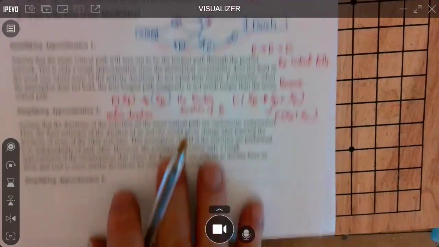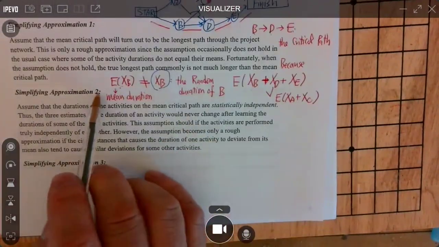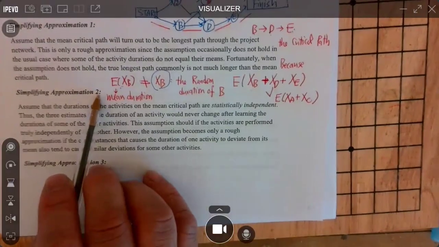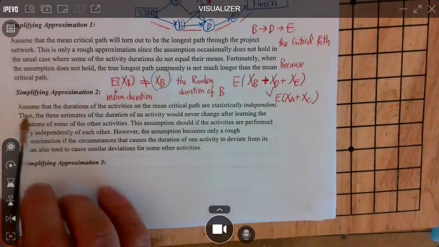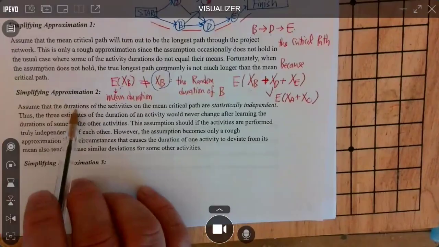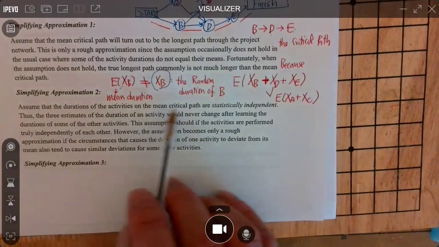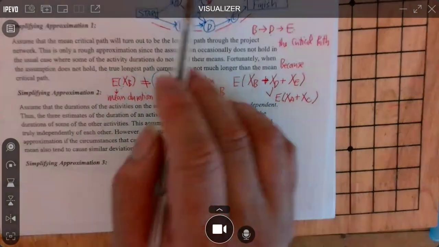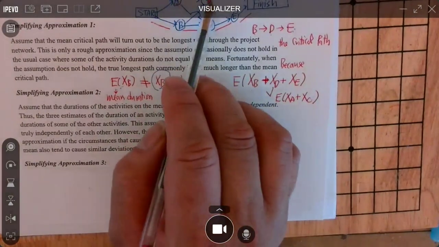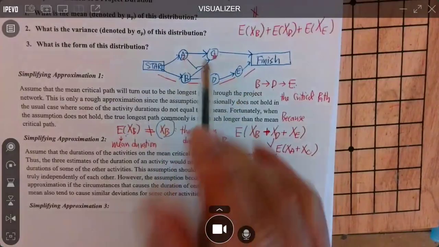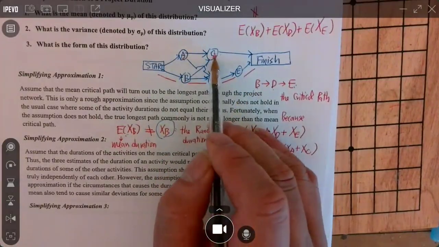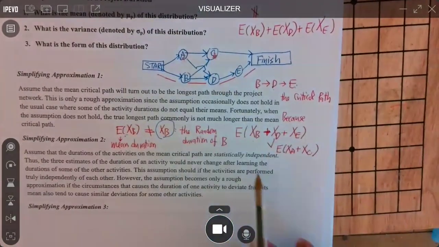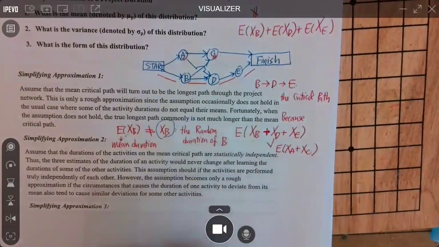So simplifying approximation 2 is actually a very strong assumption. We assume the durations of activities on the mean critical path are statistically independent. That means what happened in A will not affect what happened to C. So this is a very strong statement, okay?